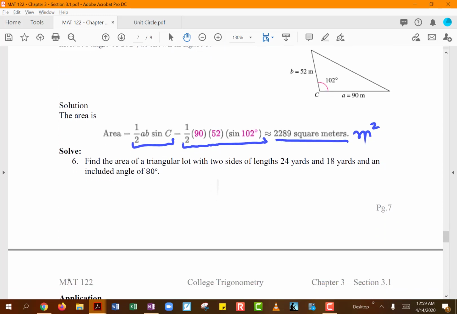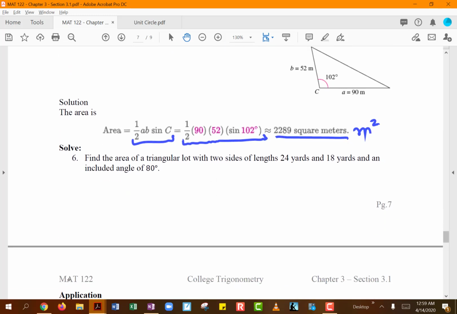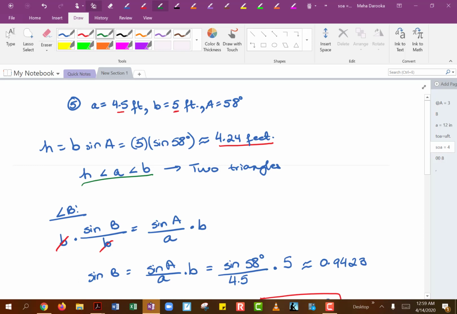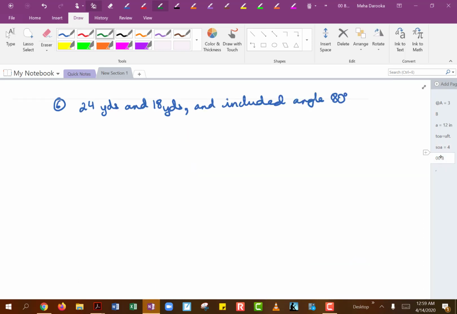Okay, so let's look at what our example here ends up looking like. Find the area of a triangular lot with two sides of lengths 24 yards and 18 yards and an included angle of 80 degrees. Okay, so if we are talking about a triangle here, let's go ahead and get some illustration.